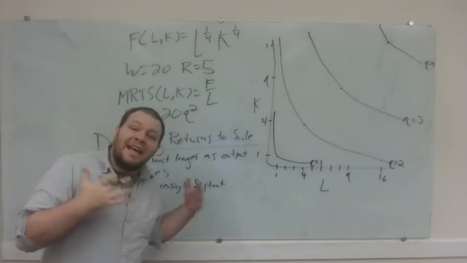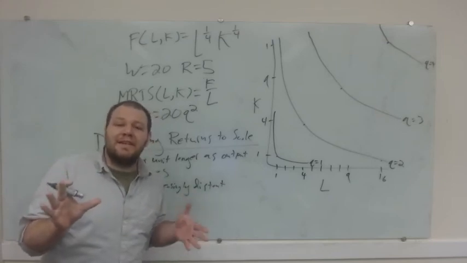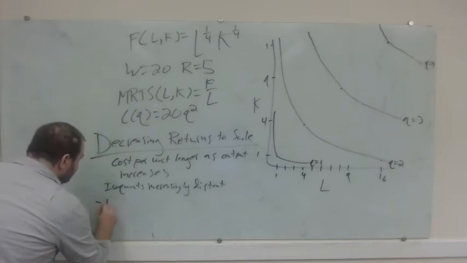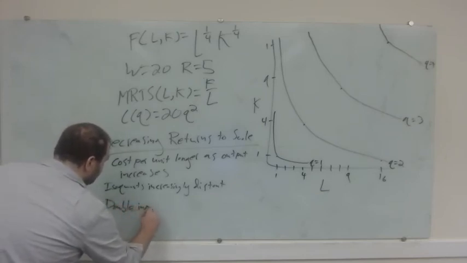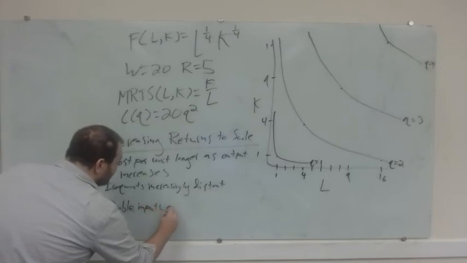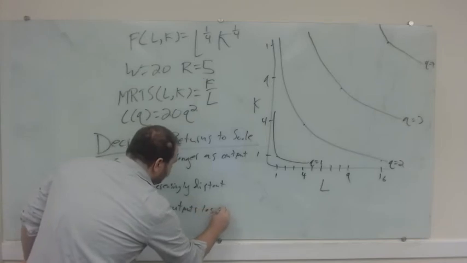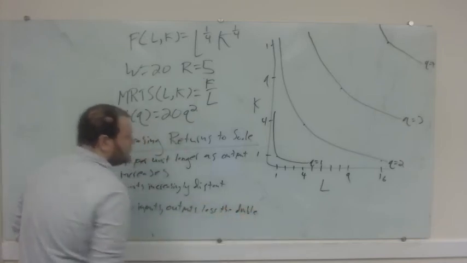And an easy way to test for this, that isn't true 100% of the time, but will be true 100% of the time that I make you do this, is if we double inputs, outputs will less than double. Cool.